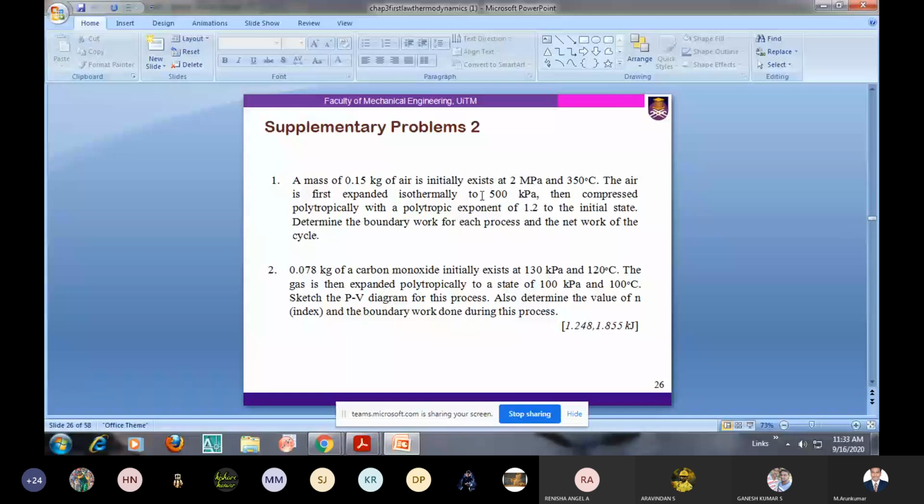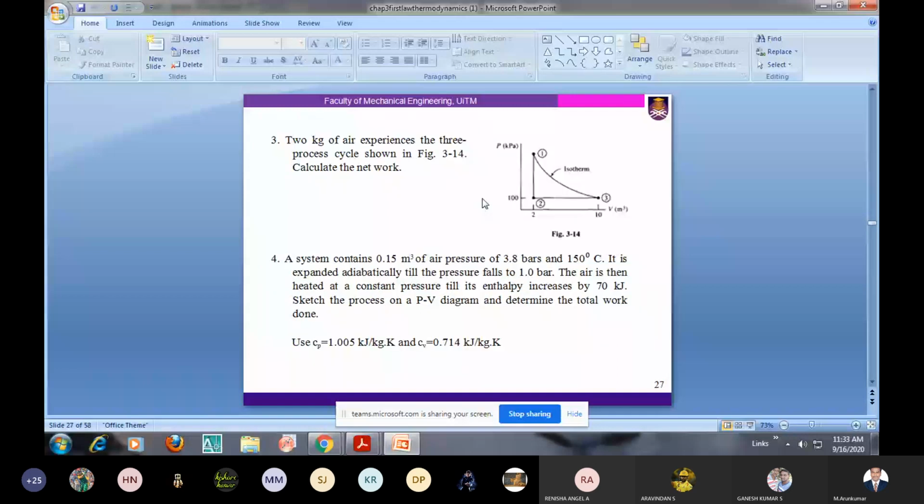We have a lot of processes: isothermal, isobaric, isentropic. So we have to be able to find the process based on the data given. Then try these problems and submit before next week.